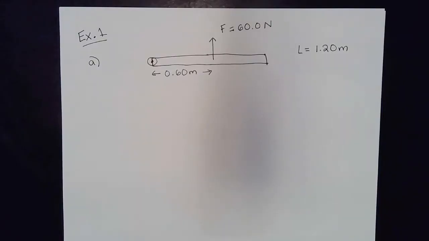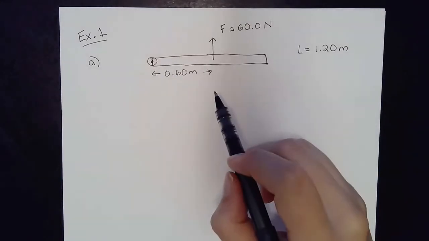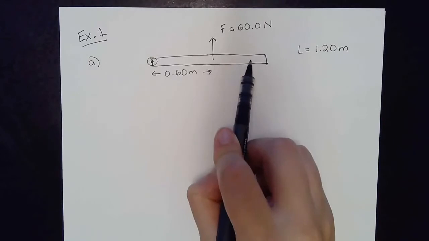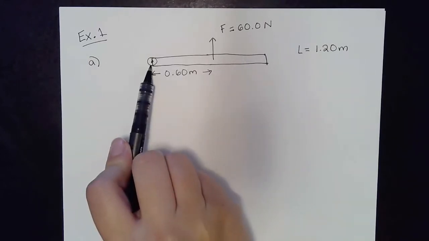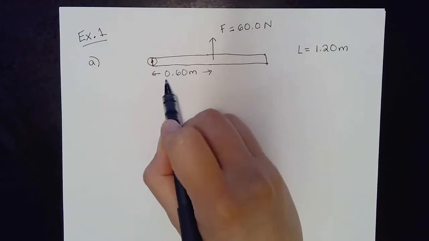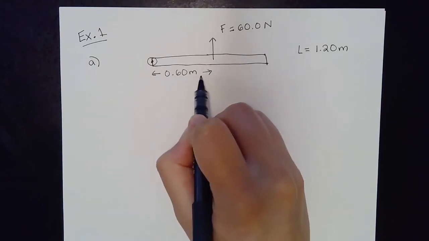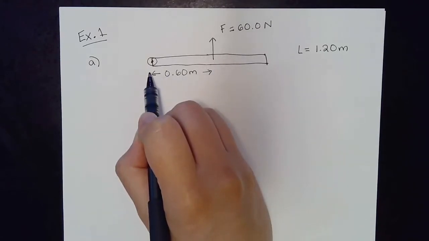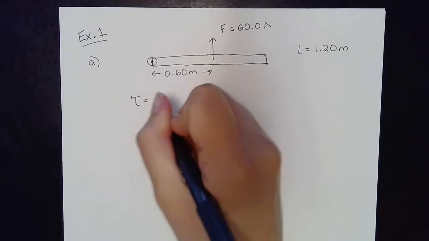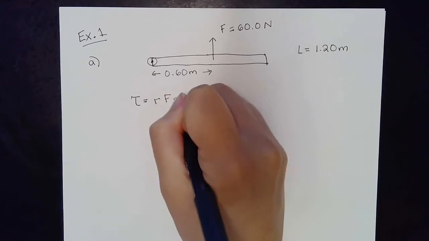Okay, first we will consider the case where the force is applied at the center of the door. I've just sketched the door here, and we're using an axis through the hinges of the door. So the force is at a distance of r equals 0.6 meters from the axis of rotation, or the pivot point here. Then I'll use the R F sine theta definition of torque.